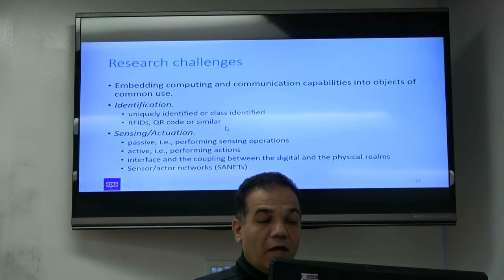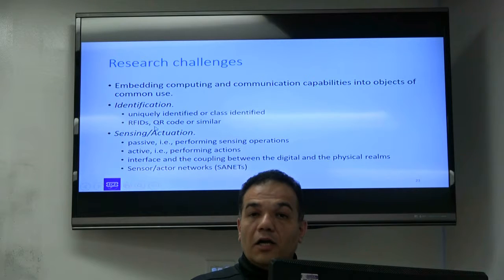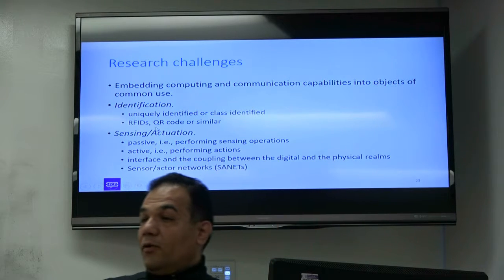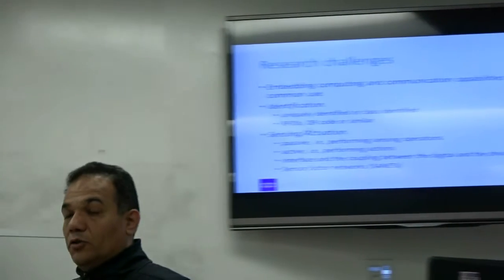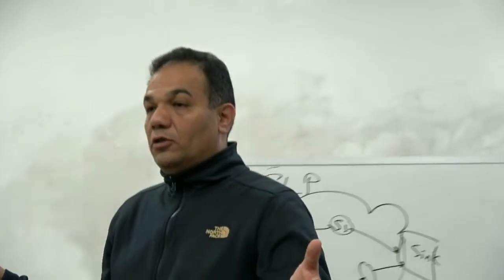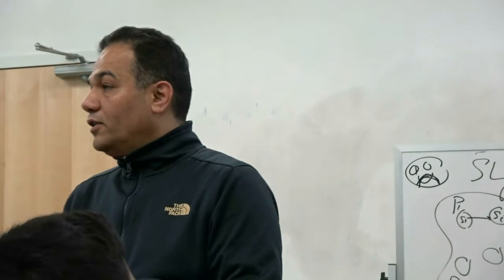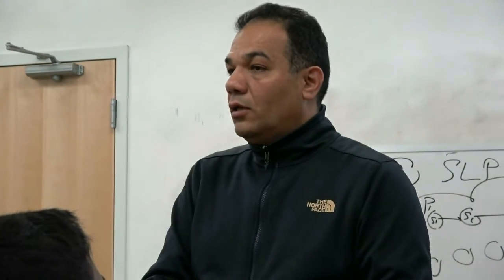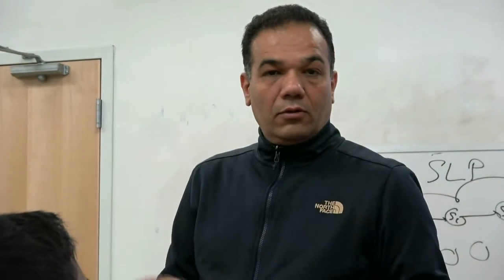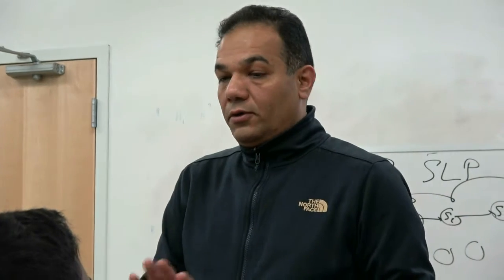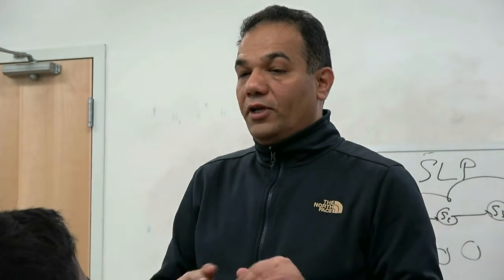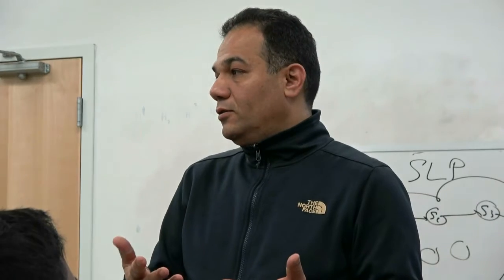A unique identifier or a class identifier. RFIDs, do you know RFIDs? By the way, that will be your research topic. I told you this morning, RFID with authentication. So I chose RFIDs for this class. We're going to work on RFIDs and on authentication. We'll create the bundles for you to read, and we're going to come up with smart ideas.